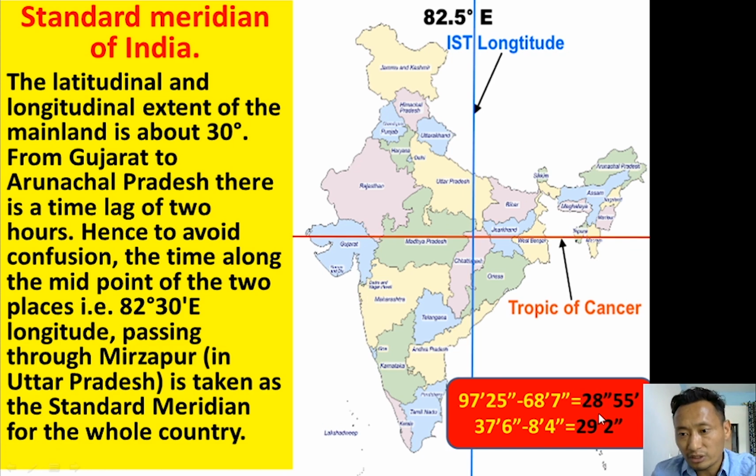If we subtract these two, it gives 28 degree 55 minute, almost 30.